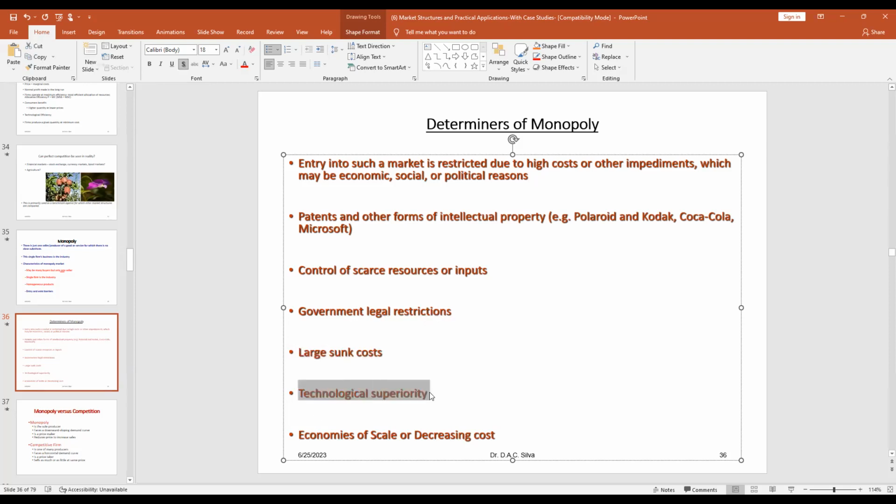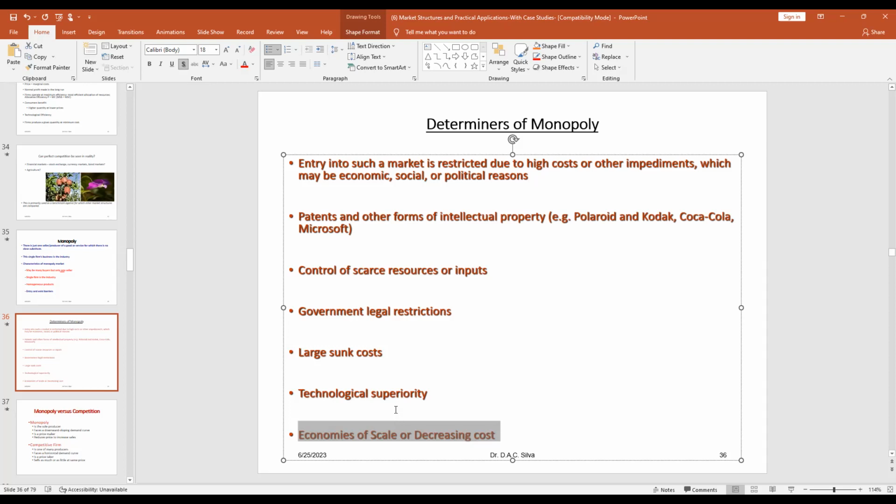Technological superiority will prevent other firms from entering. Economies of scale: others cannot enjoy economies of scale unless they make large productions. So large companies can sell their product at a lower price because of economies of scale.